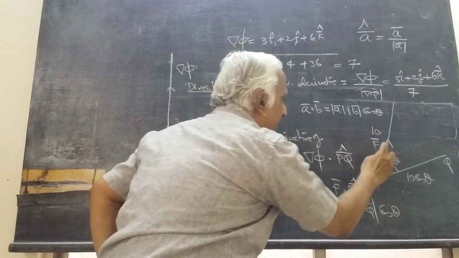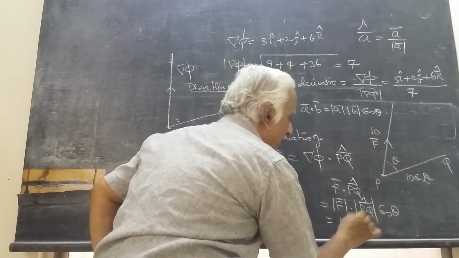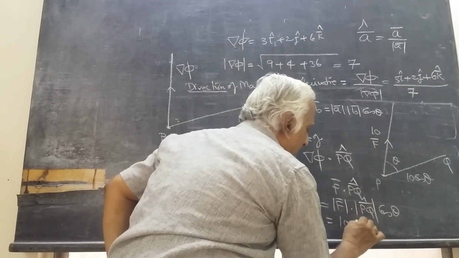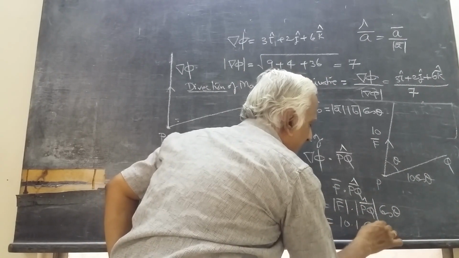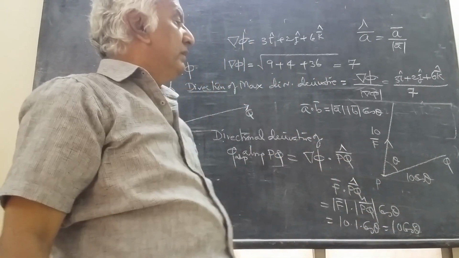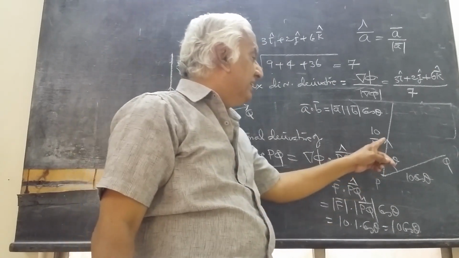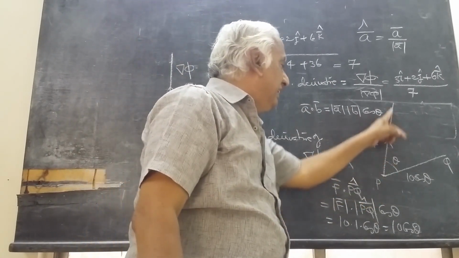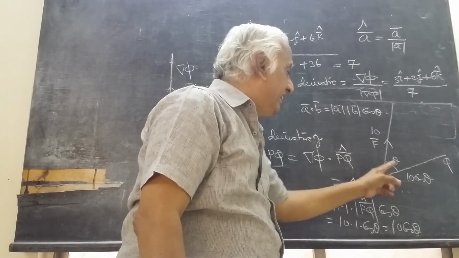What is modulus of F? 10. What is the unit vector modulus? 1. Cos theta. What have you got? 10 cos theta.